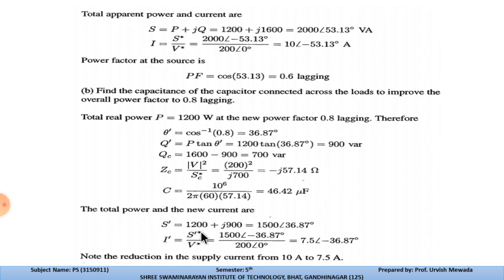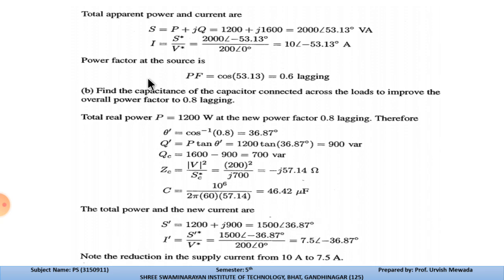S dash will become 1200 plus, so this was the VAR which was supplied by the previous circuit. Now this new circuit is supplying 900 VAR, so 1200 plus J 900, that will become, in polar form, 1500 at angle 36.87. This angle indicates this is the leading apparent power, means there is no minus sign.